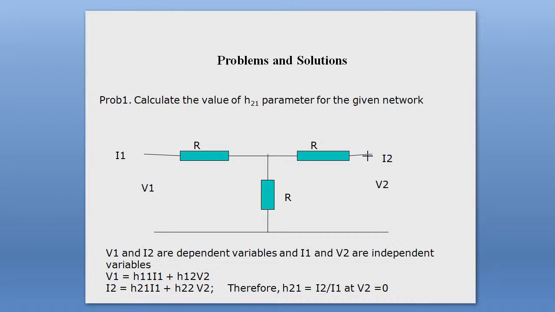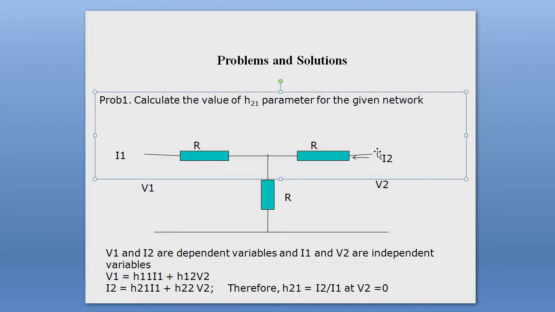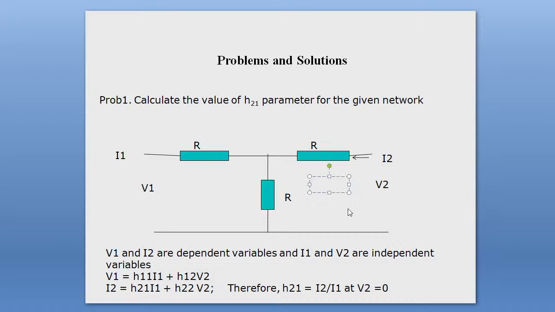This current I2 is entering, and I1 current is also entering. So you write KVL equation for the right hand side loop, because you see V2 equal to 0. So here you write the KVL equation. What will be the KVL equation for this loop?